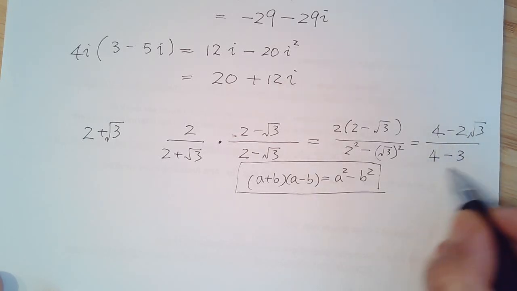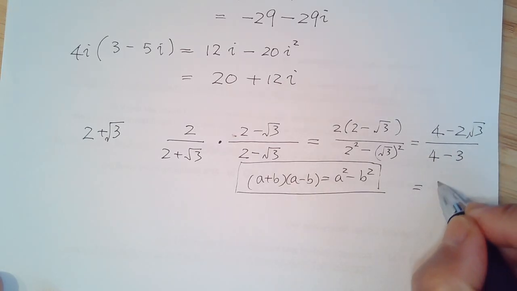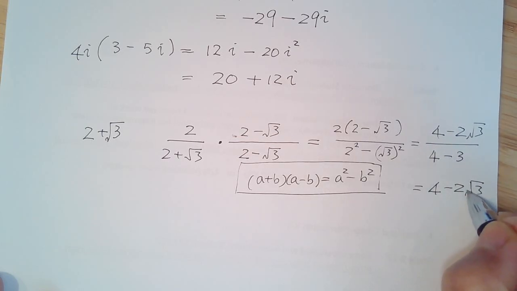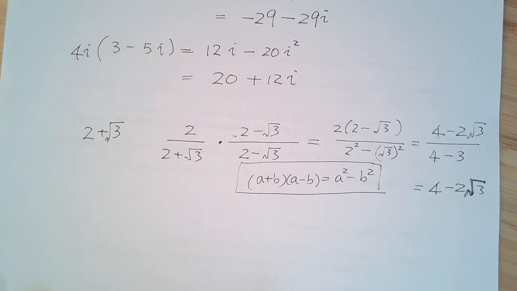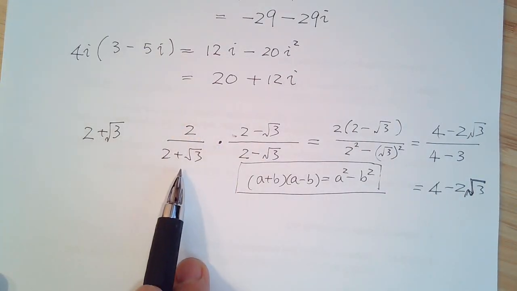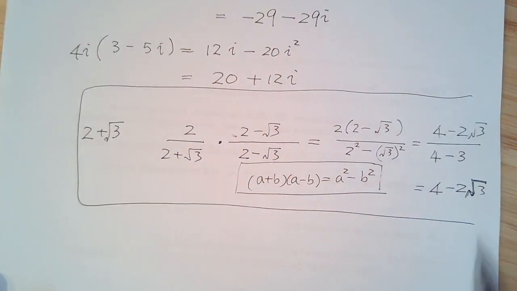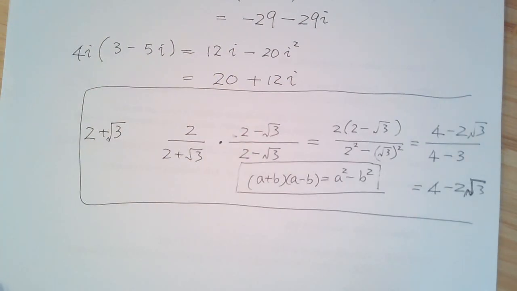So the denominator is 4 minus 3, which is 1. So your answer is just 4 minus 2 root 3. This is when I ask you to rationalize an expression, which means I don't want to have the square root in the denominator. That's probably the first time you have heard about this conjugate.